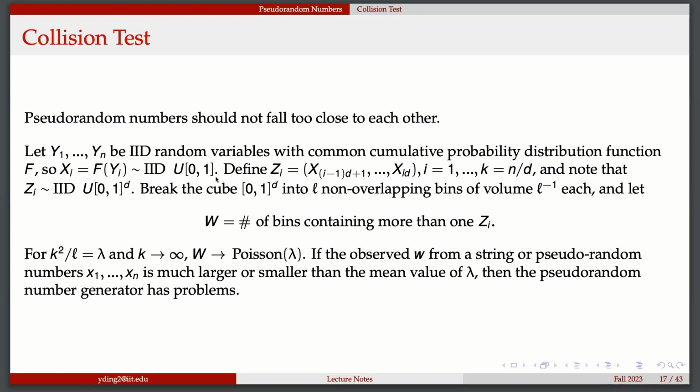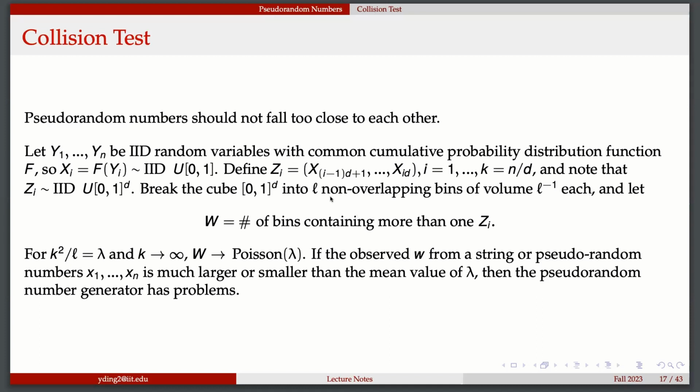So you are trying to break this hypercube into L non-overlapping bins with volume 1 over L. Let's just consider a cube, okay? You try to cut this cube into several pieces.